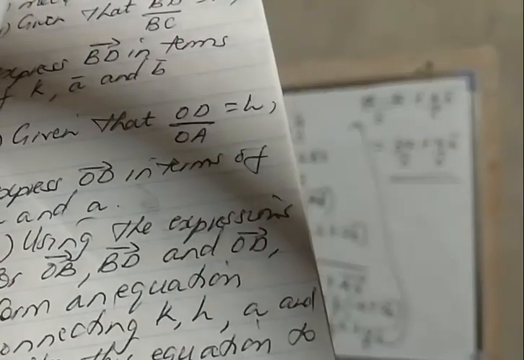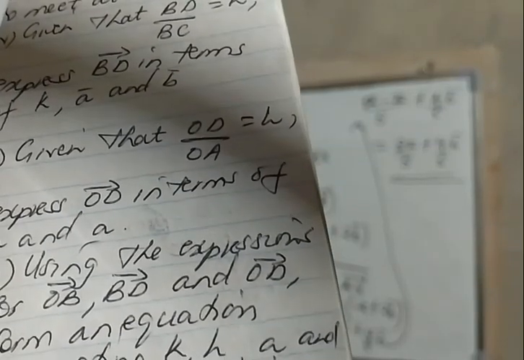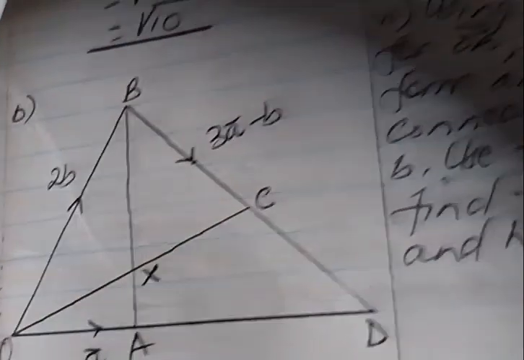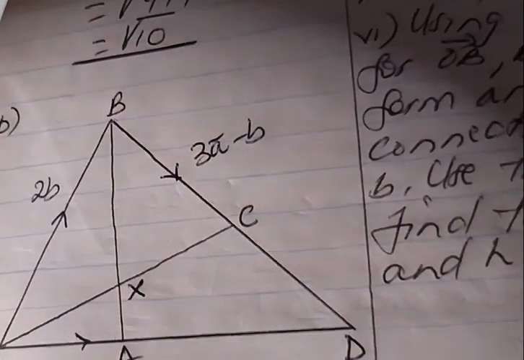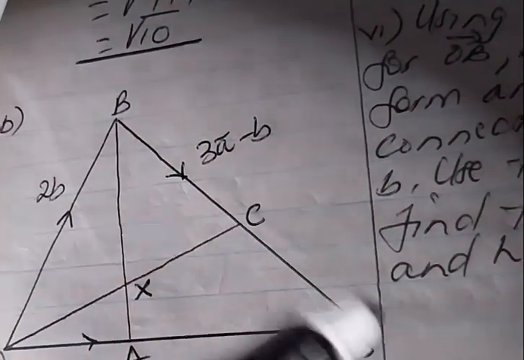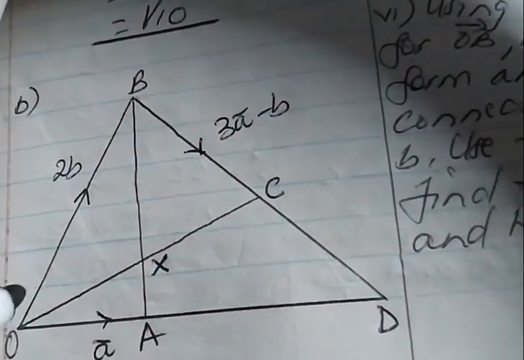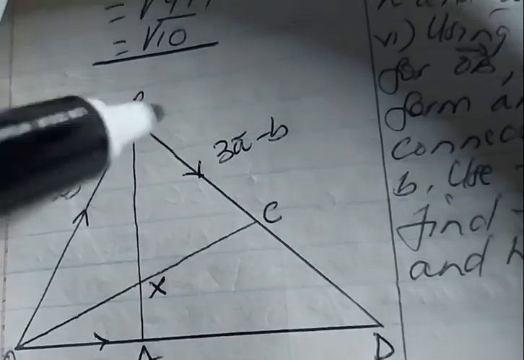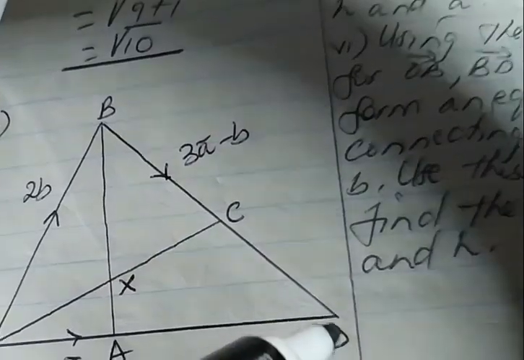So we have vector OB, vector BD, and vector OD. If you check on the diagram there, this is vector OB, and also vector BD, and also vector OD. Meaning to say that vector OB plus BD is the same as vector OD.